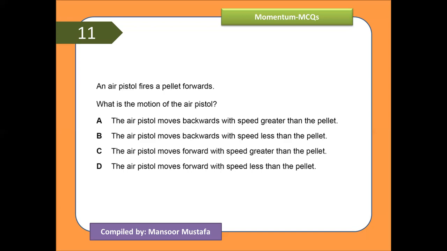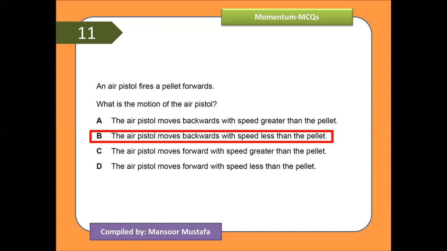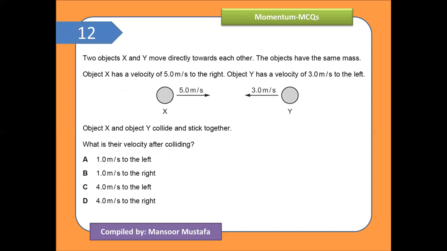Reason is that bullet का mass बहुत कम है, so to acquire the same momentum it will move at a faster speed as compared to the pistol. So if you look for the options, option B is the correct one. The air pistol moves backward with a speed less than the speed of pellet.